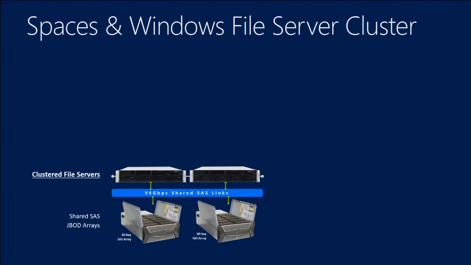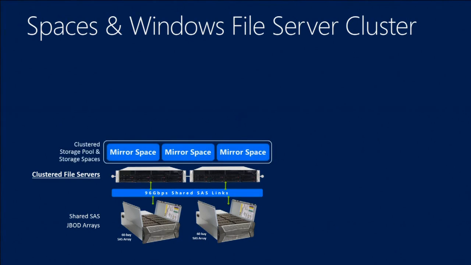So I have a total of 4 SAS cables here. And each file server is then able to see all the disks in both JBODs simultaneously. So it has the same view of the disks. If one of these servers were to fail, the other server simply takes over. And that high availability is managed by Windows clustering, because it's a clustered resource.